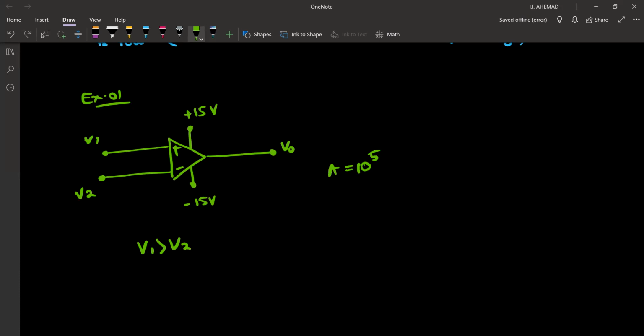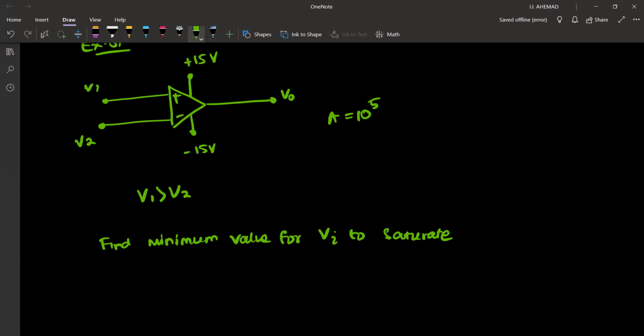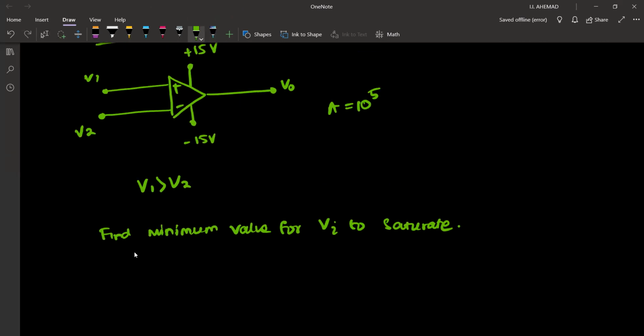You have to find the minimum value for Vi to saturate. So if we saturate, that means what will be the output?